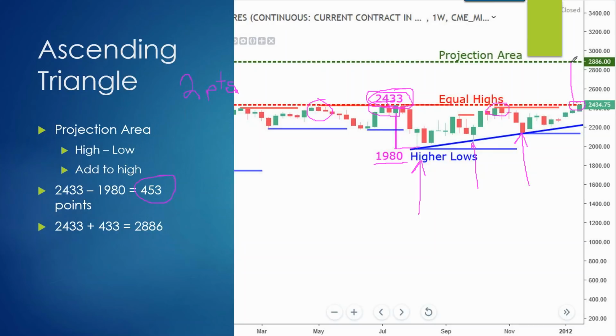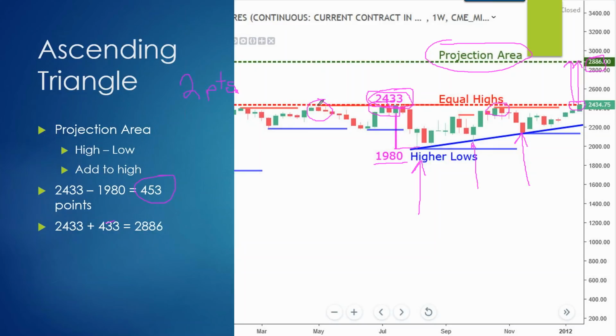So if you draw a line that is 453 points from that, then you will get 2886. This is your projection area. In other words, it should move up to this green line. Do y'all understand that? Any questions on that?